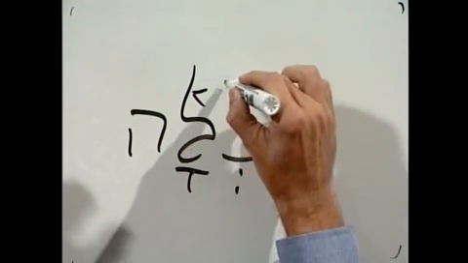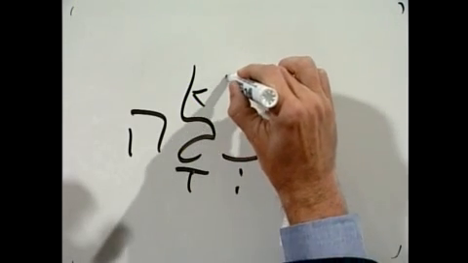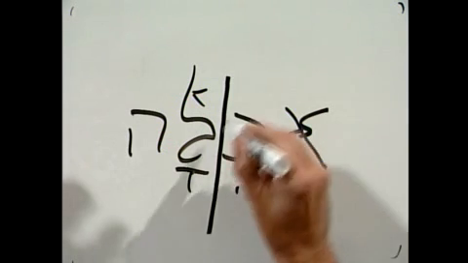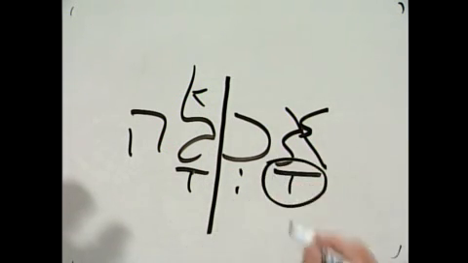And therefore, we're going to consider this schwa as a silent schwa. We will put a break here. This is now a closed, unaccented syllable. And this sign right here, in a closed, unaccented syllable, we will take as a Qames-Hatuf. You must pronounce this och-la. Okay, och-la.